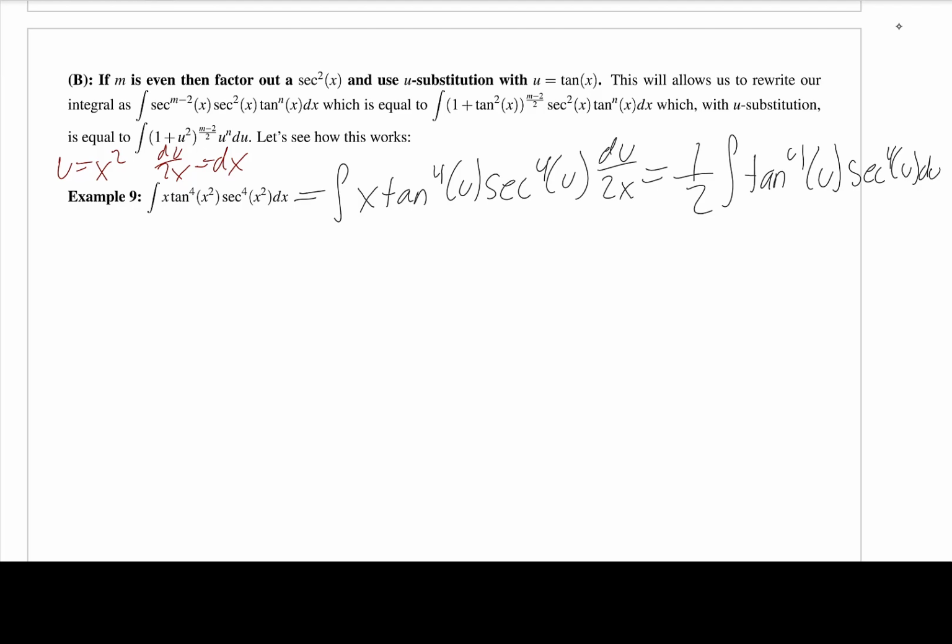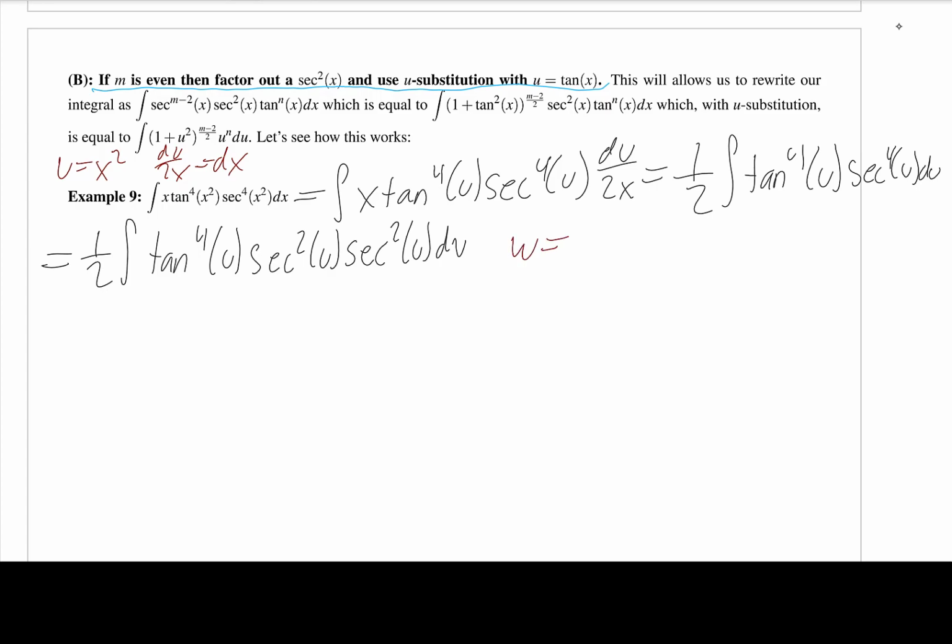Now we factor out that secant squared. So now we have 1/2 tan to the fourth of u secant squared of u secant squared of u du. Now, here it says use u substitution, right? So we factor out that secant squared of x. Then it says use u substitution with u equals tan of x. So we'll use w substitution.